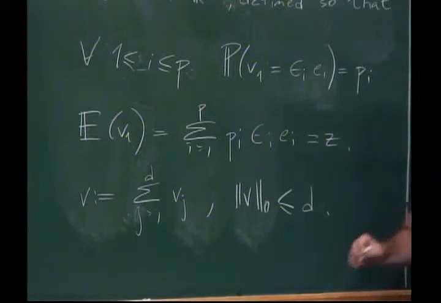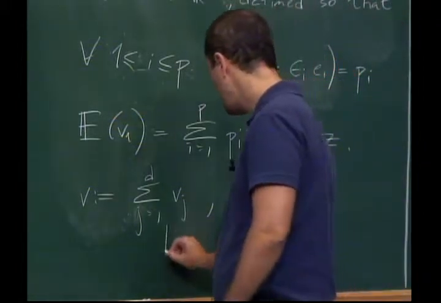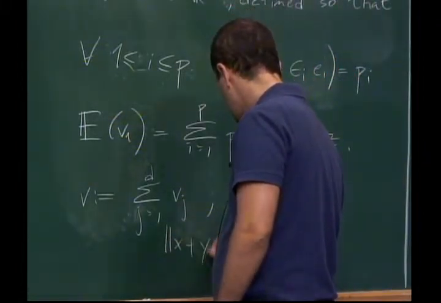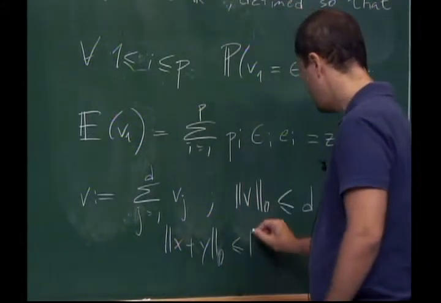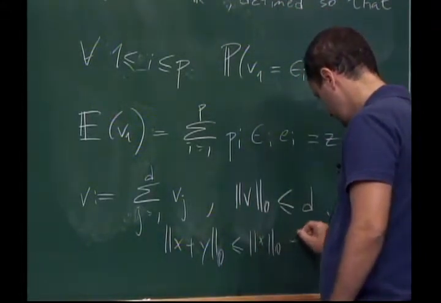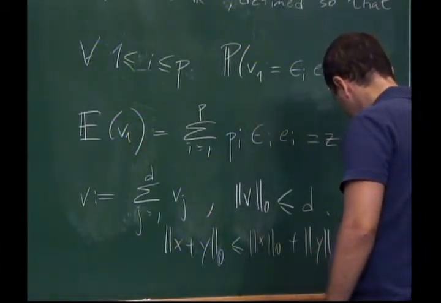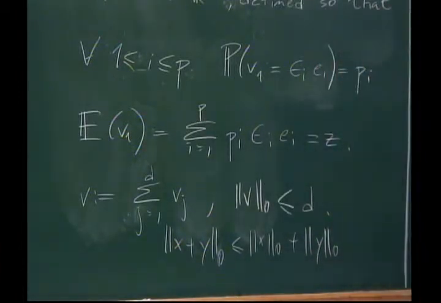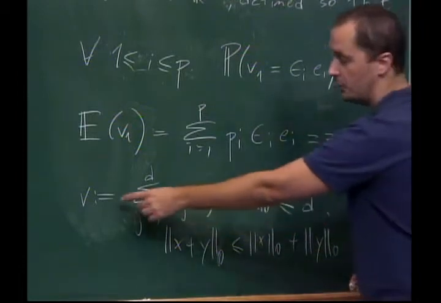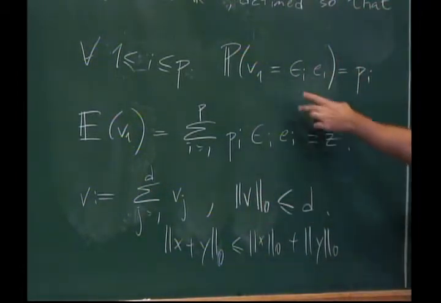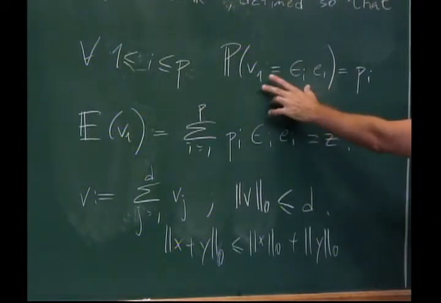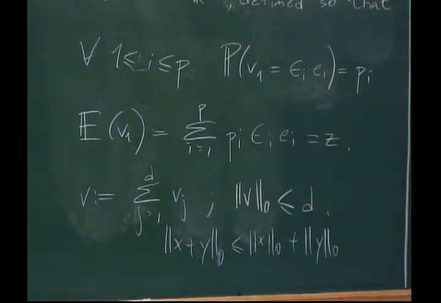As we already said yesterday, if you have a sum of vectors, the L0 norm is subadditive, so you can apply this here. The L0 norm of V is at most the sum of the L0 norms, but the L0 norms of the individual terms are all 1.